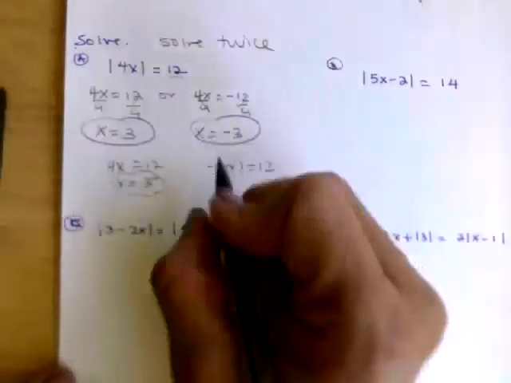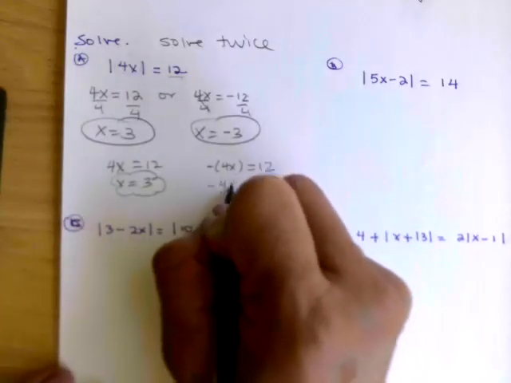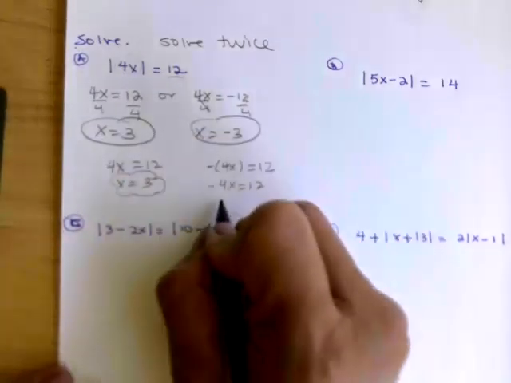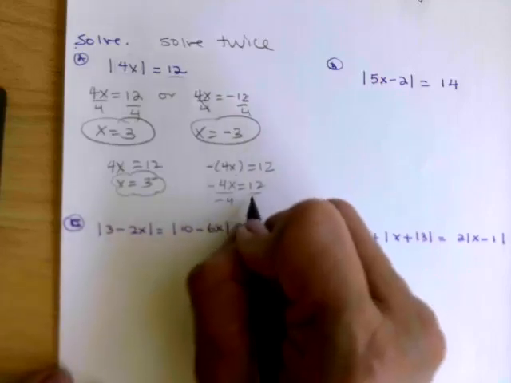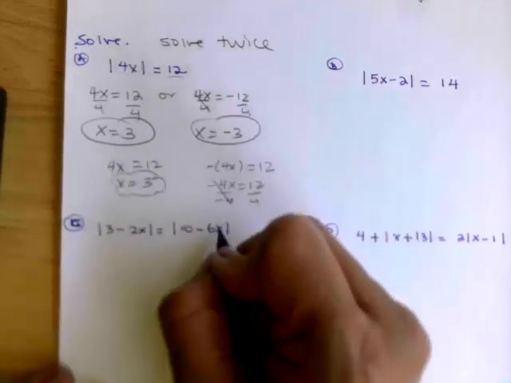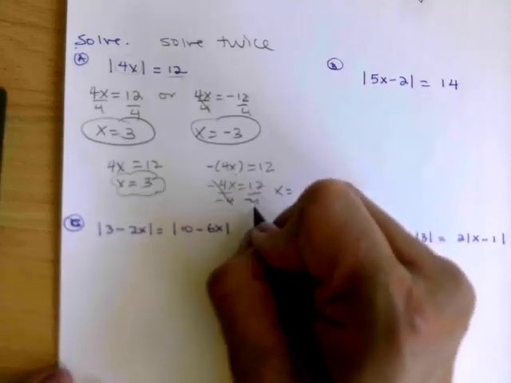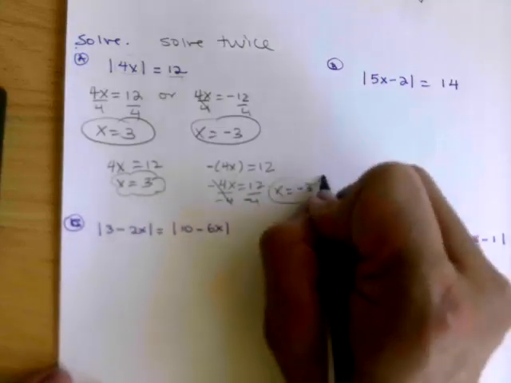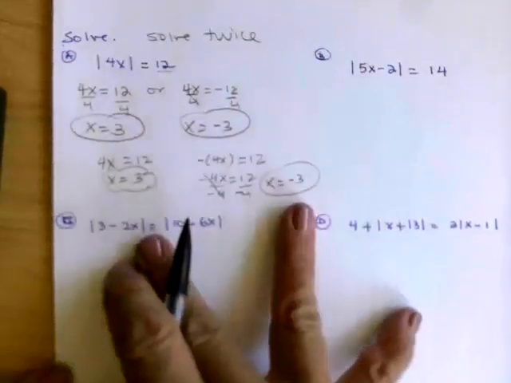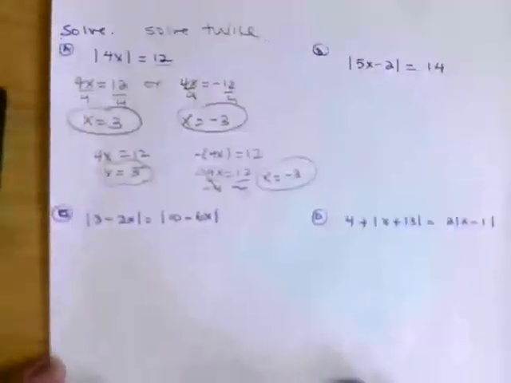So then I've got -4x equals 12, and you divide by -4, which gives 12 divided by -4, that's -3. We get the same answers either way, just one way is a little bit easier.